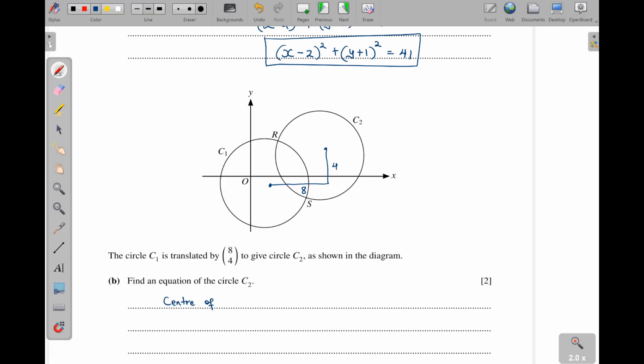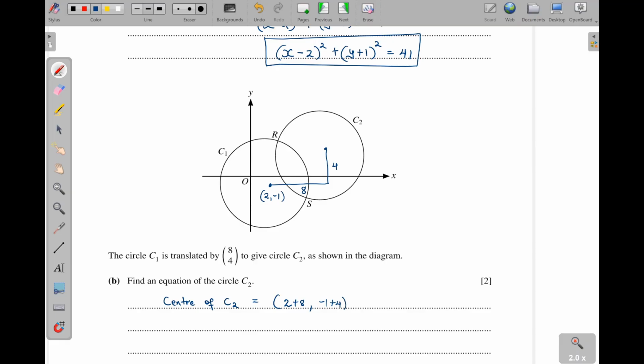Center of C2 is going to be, if the other center is 2, then -1, 2, -1, okay? Now we are going to add 8 units on these 2. So that will be 8 plus 2, and then the y coordinate, -1 here, will increase by 4 units. So plus 4.